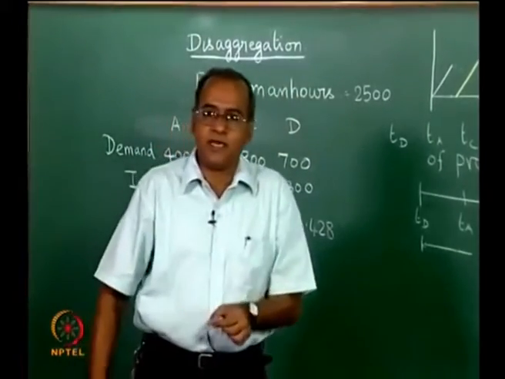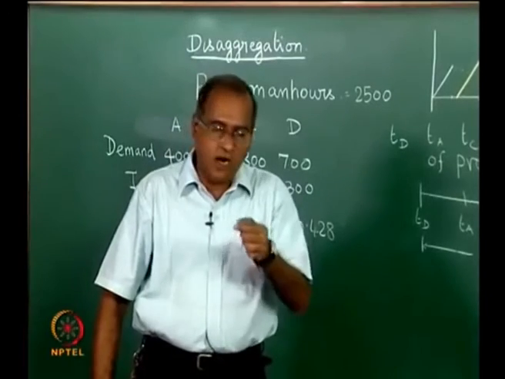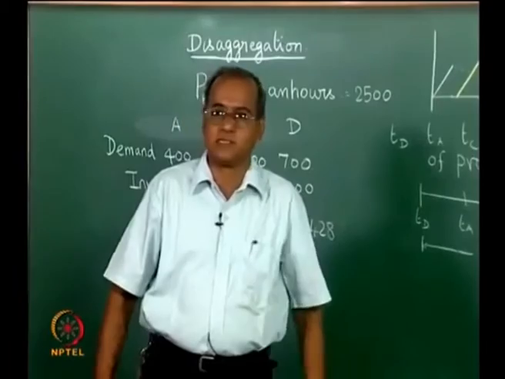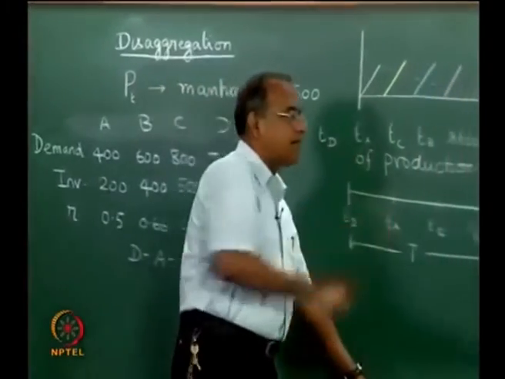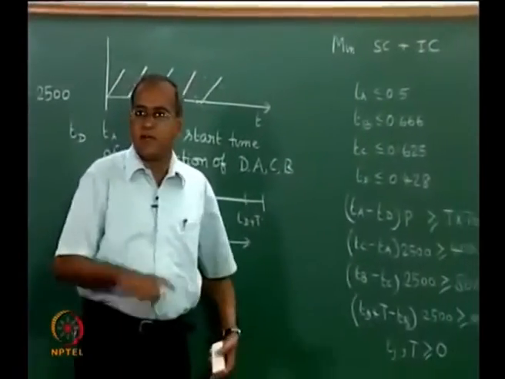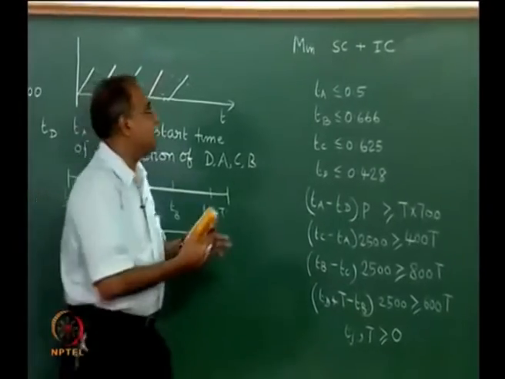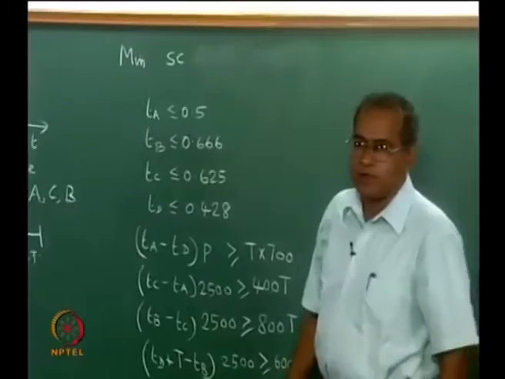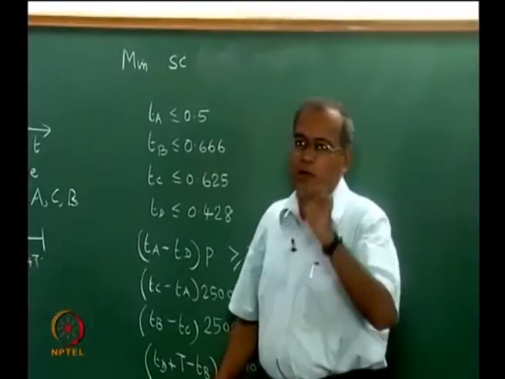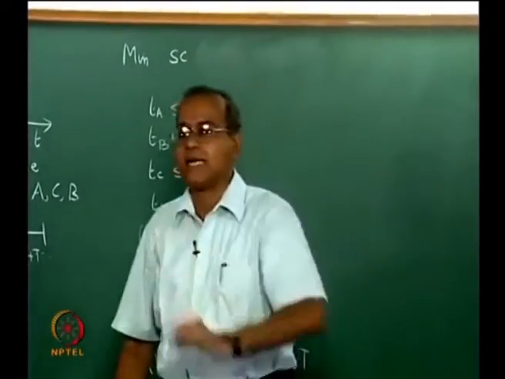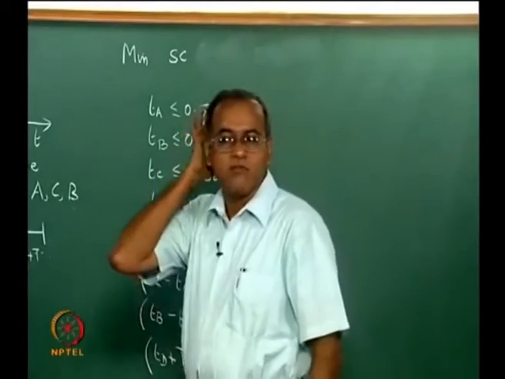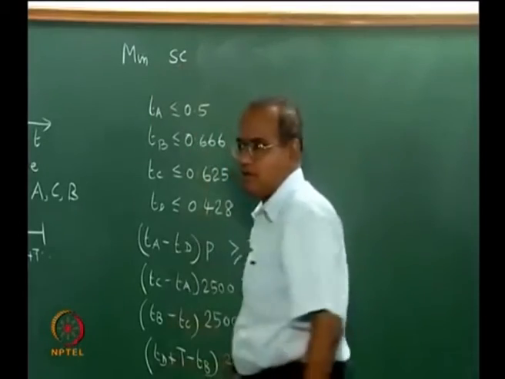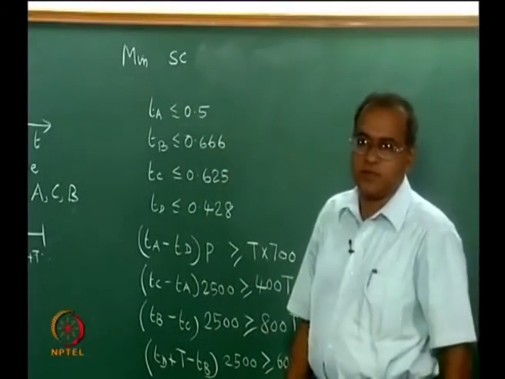So, at any point in time the average inventory will not deviate or will be more or less the same constant. So, if we make that assumption that the average inventory is more or less the same constant, then the inventory cost will become a constant. Again, assuming that the holding cost is the same for each item, Cc is the same for each item. So, the question is to minimize the setup cost.